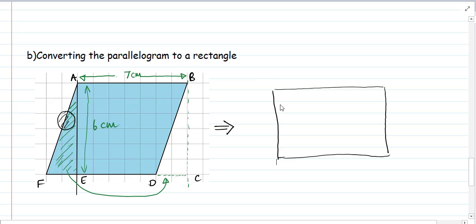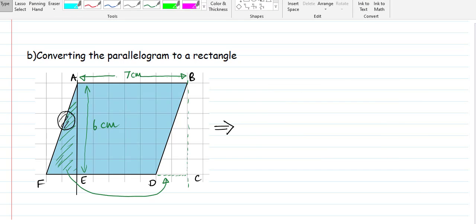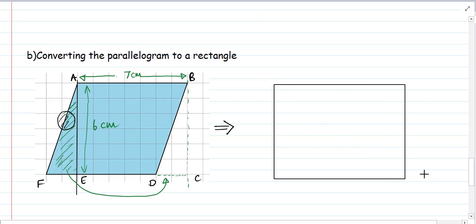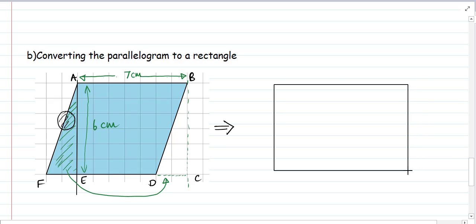here A, B, this part is there, C, D may be somewhere here, and A and E are horizontal, therefore E is here, F is somewhere here.